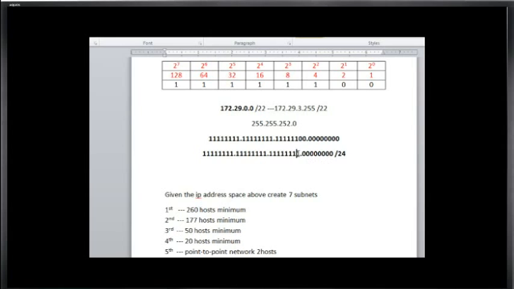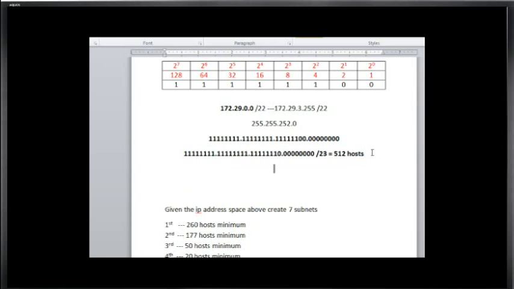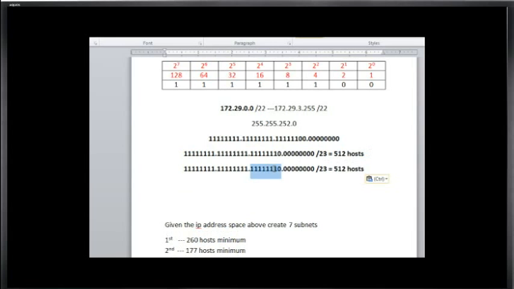So if it was /23, you would now have 256 times 2, you would have 512 hosts. If I did that, and I have this, with a 0, which is what we started with, this is /22, we add another 0 here.